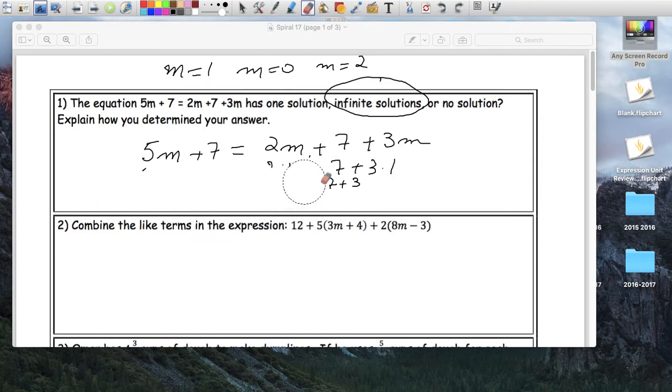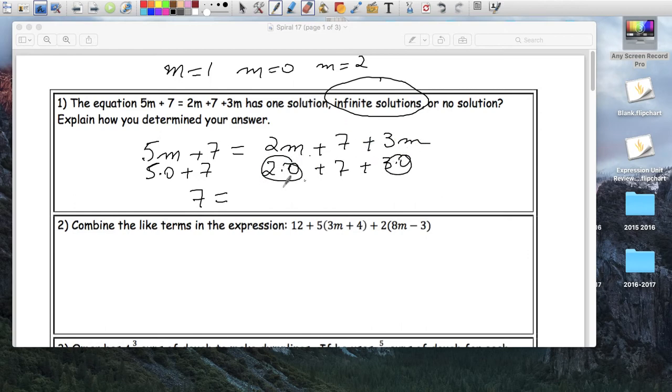It worked for 1, so let's try 0. I'll substitute: 5 times 0 plus 7. 5 times 0 is just 0, and I end up with 7 on the left side. On the right side, I get 2 times 0 plus 7 plus 3 times 0. We know anything multiplied by 0 is just 0, so this is going to be 0, that's going to be 0, and I'm left with 7.